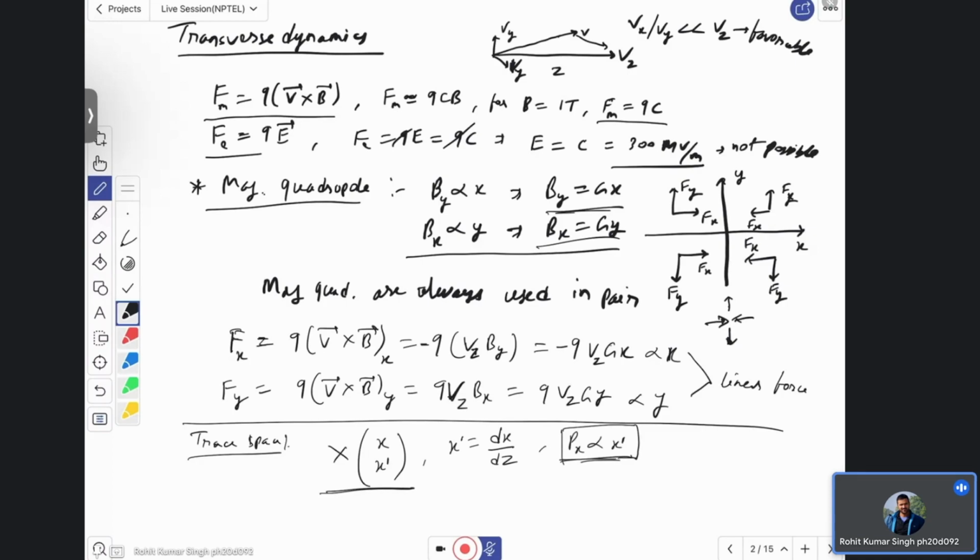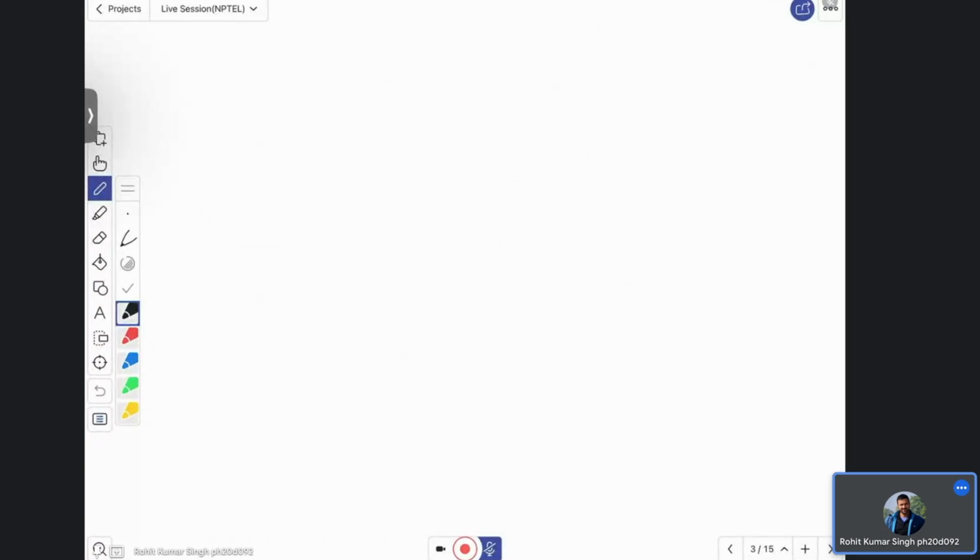So let's see that. Suppose we are in a drift space. Drift space means a field-free region.